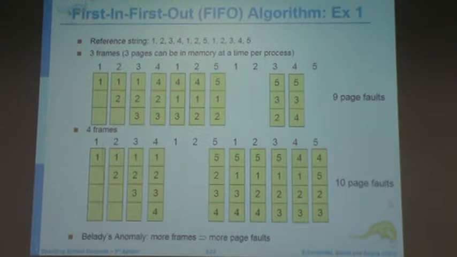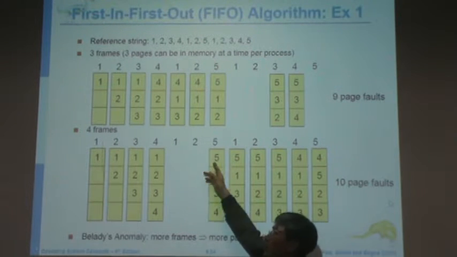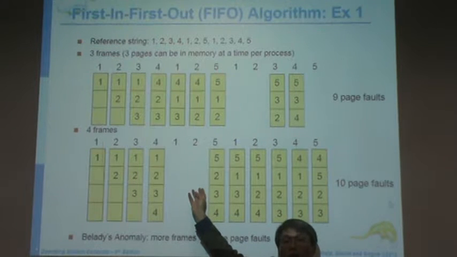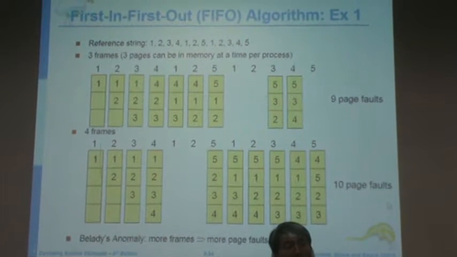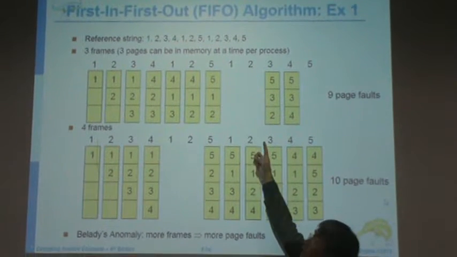Okay, so this is the first in, first out algorithm, which means when we select the victim. So this is actually the physical memory. How many page frames do we have in this physical memory? In this case, 3.